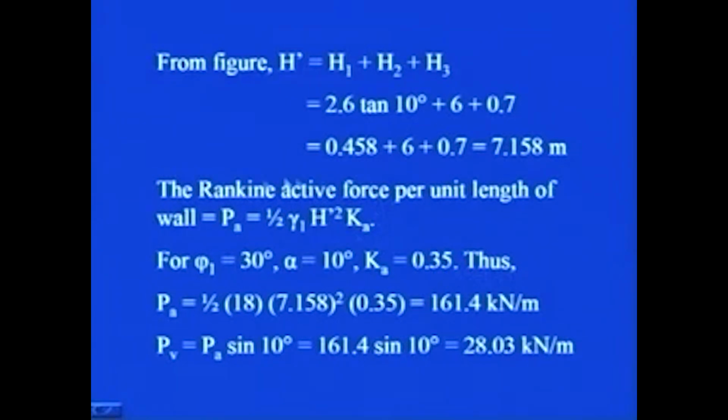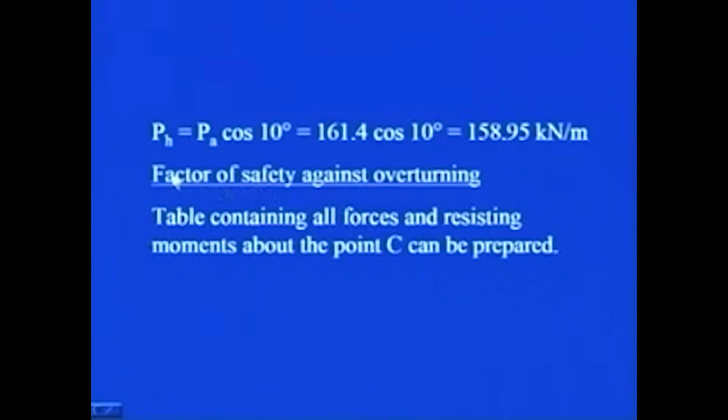Thus, substituting all the values, Pa works out to be 161.4 kilonewton per meter. The vertical component of this active force is Pa sine of 10 degrees, which works out to be 28.03 kilonewton per meter. Similarly, the horizontal component is Pa cos of 10 degrees, which is equal to 158.95 kilonewton per meter.